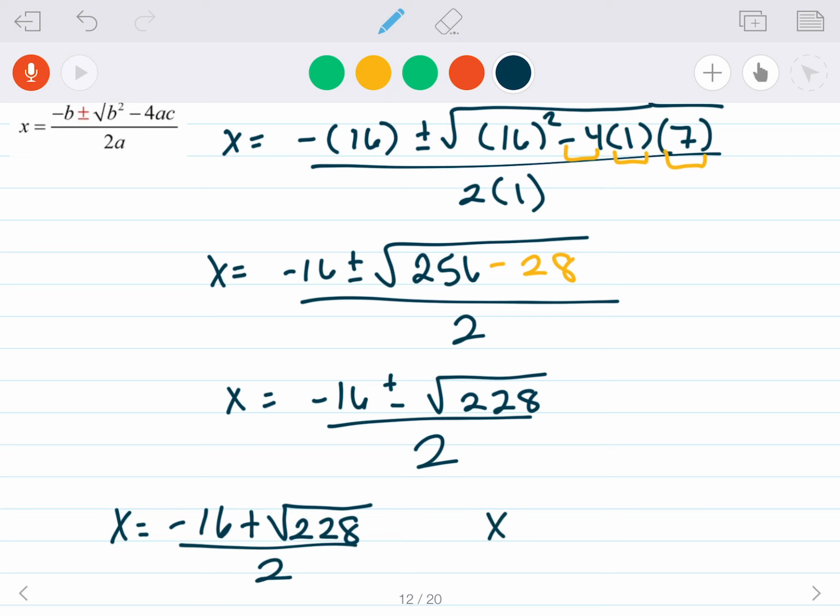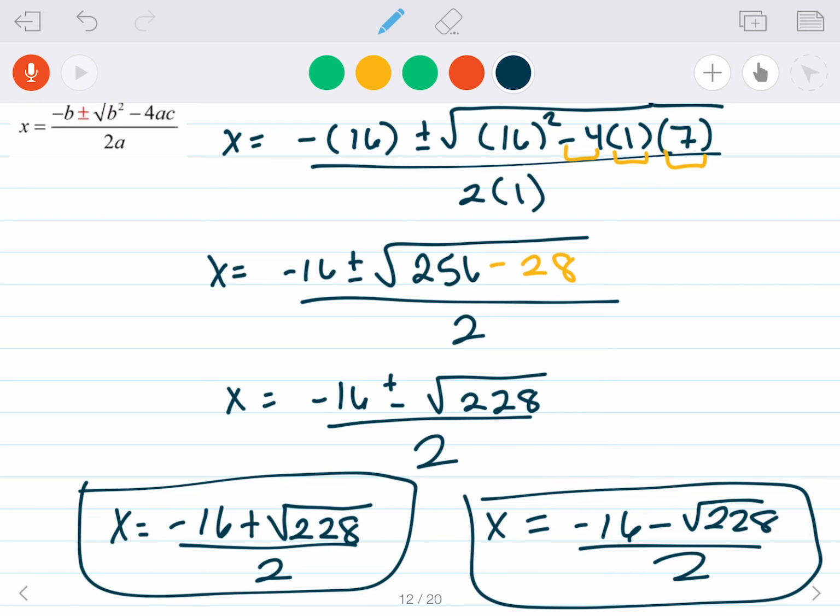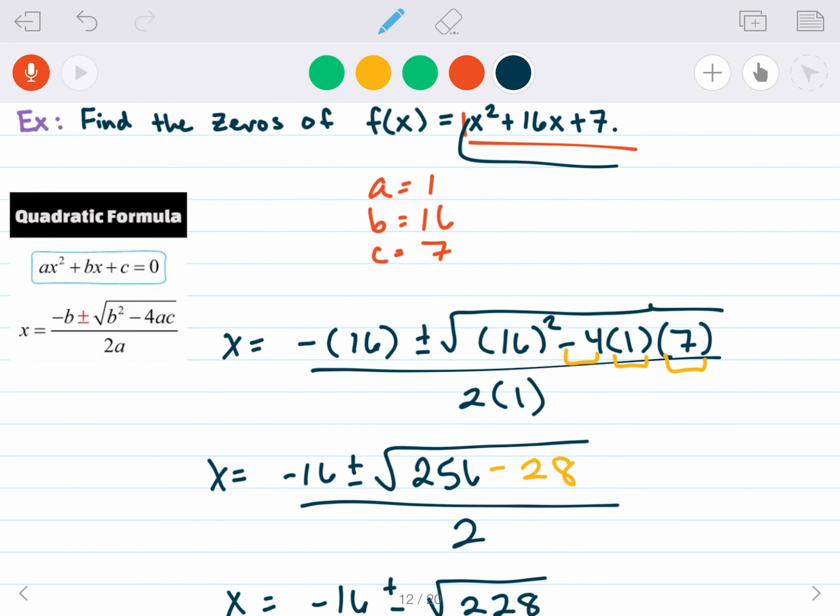And the second place it's going to cross the x-axis is negative 16 minus root 228 all divided by 2. Now, if you were to put these in Desmos or your graphing calculator or whatever, you're going to get a decimal approximation of where this seemingly innocent-looking quadratic is going to cross the x-axis.